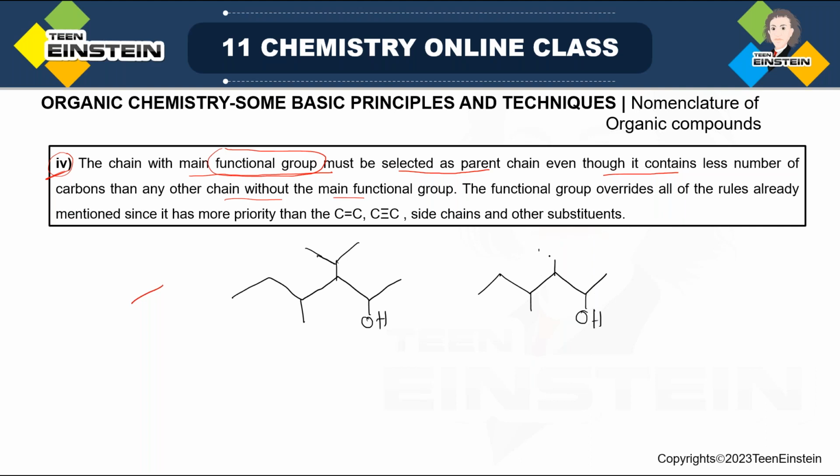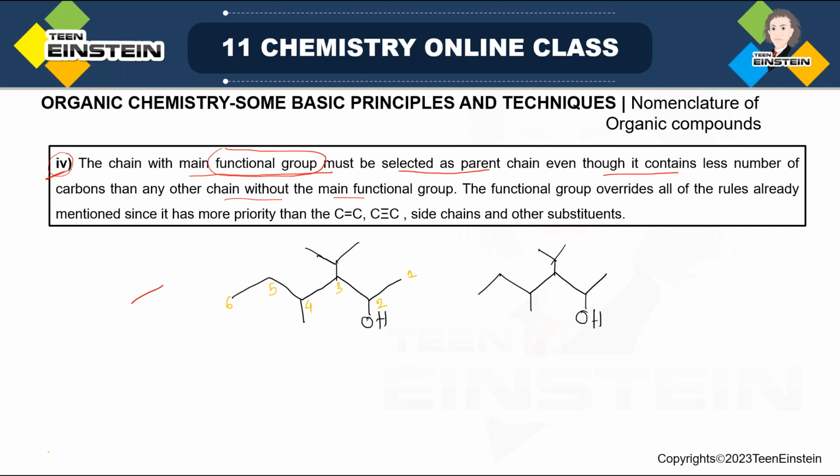Why am I drawing it 2 times? Because I will choose the parent chain in different ways. The first time, suppose I start from this side: 1, 2, 3, 4, 5 and 6.